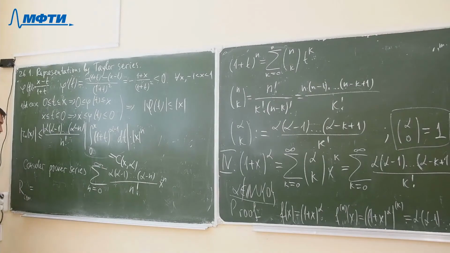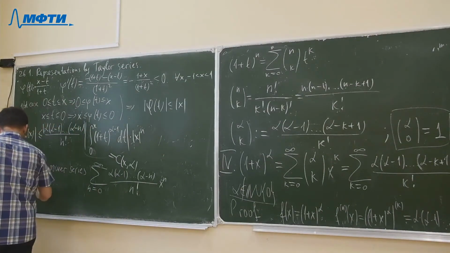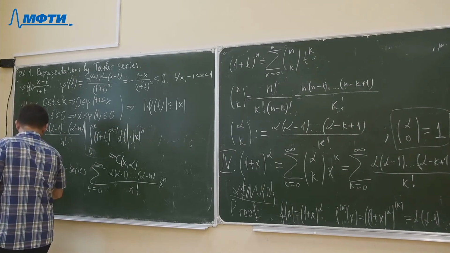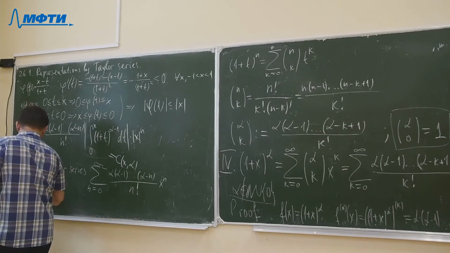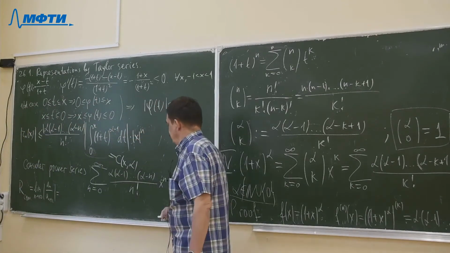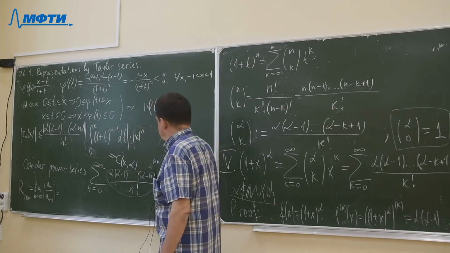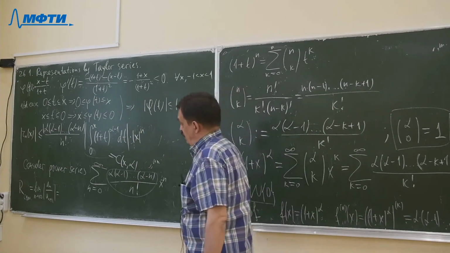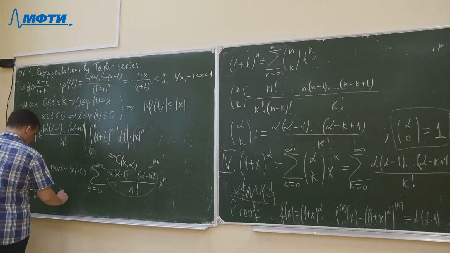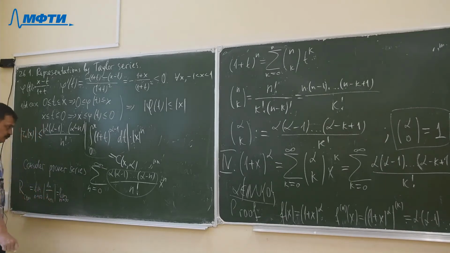for this power series we can compute by the limit of an over an plus 1. That is the coefficient an, let's say, and if we divide, then we obtain, okay, what we obtain here.